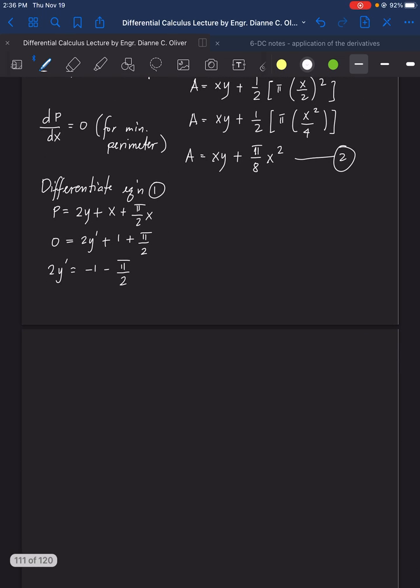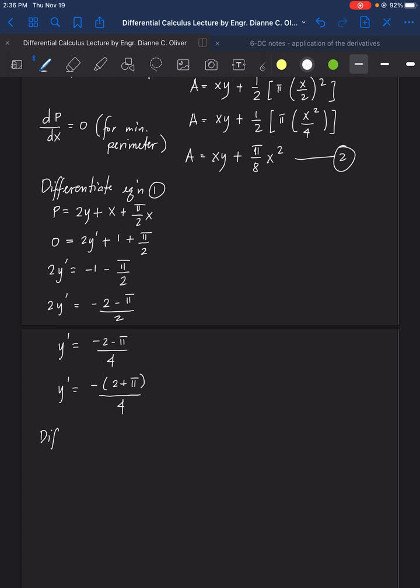Then we have 2y prime is equal to negative 2 minus pi divided by 2. Y prime is equal to negative 2 minus pi divided by 4. So that is the y prime for equation 1.